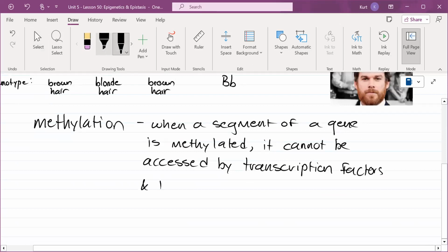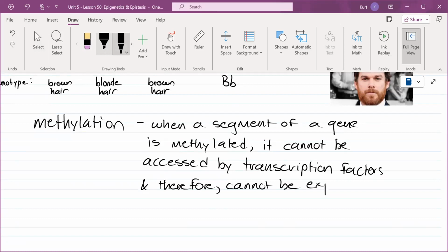And therefore, now we want to write straight, cannot be expressed. So your gene for armpit hair was there the whole time, but your ability to express it was inhibited. Couldn't get to it.